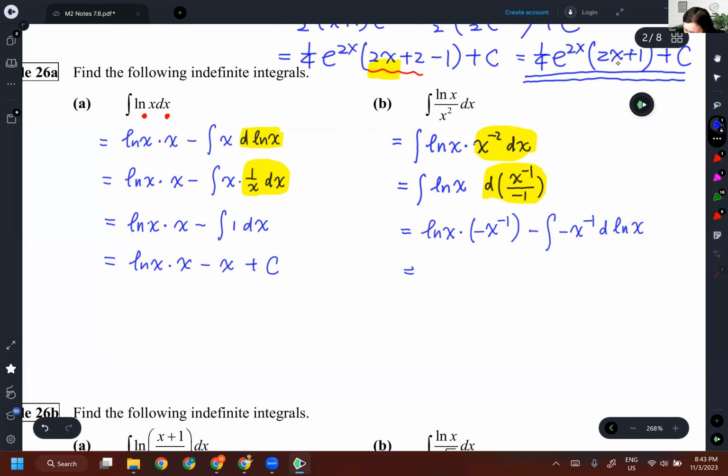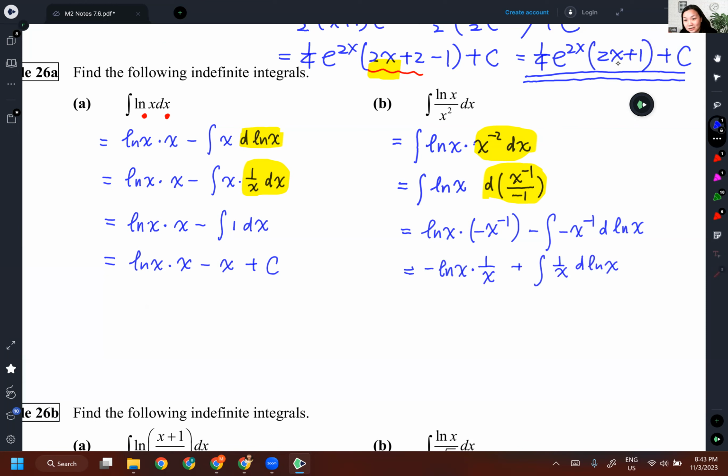And then one step to clear out all the signs. This one is 1 over x d log x. The one step to clear out the signs. Okay. And then what is it?